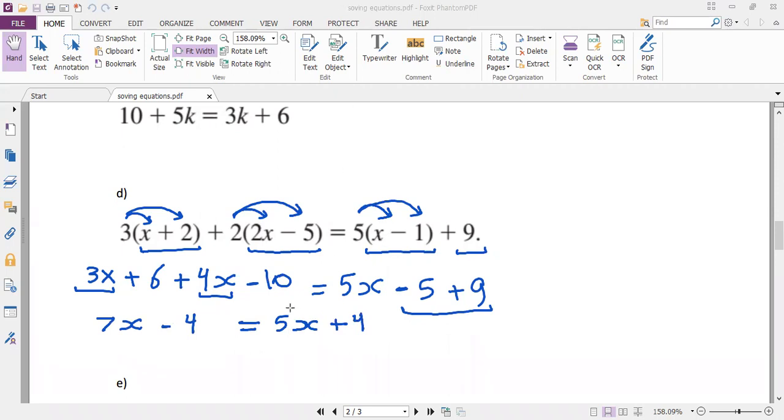As we used to do, we have 5x on this side, so move it to the other side. And we have minus 4 on the left side, move it to the other side.